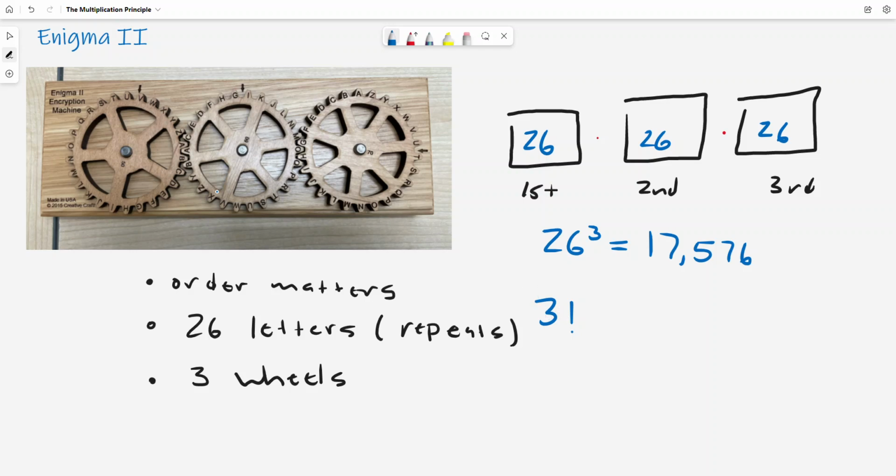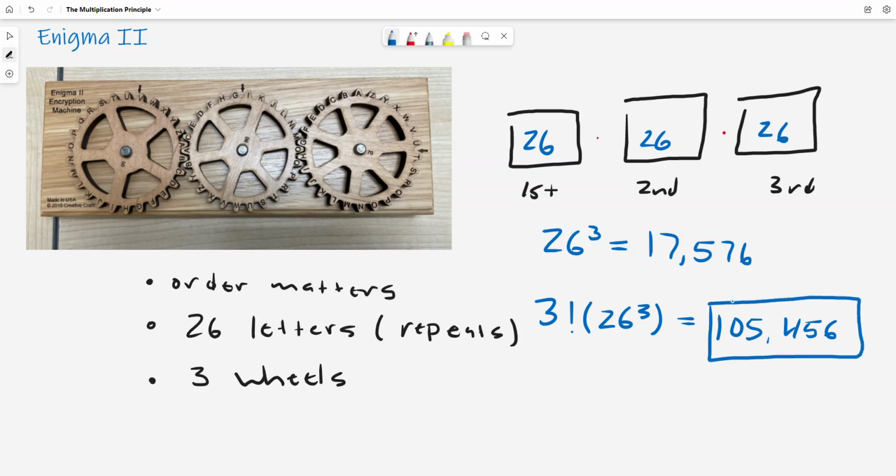It's kind of like lining up individuals so that they can have their picture taken. That would just be n factorial essentially. So you take 3 factorial and multiply that by 26 to the third power, and that's going to give you 105,456 possible keys.